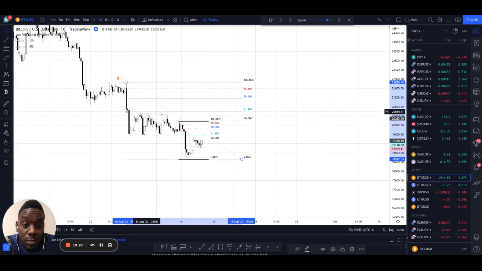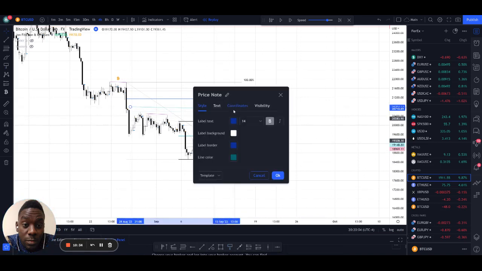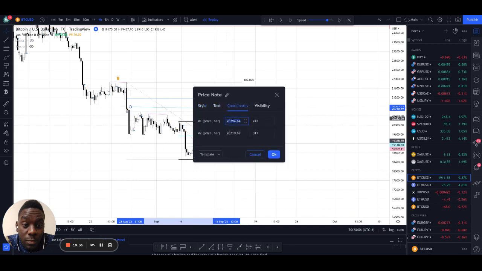So in this case, there's a whole level. So my exit would have either been 2,800, which is the first whole level above these highs, and that's why that's important.